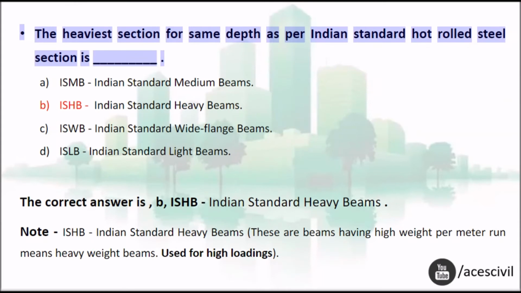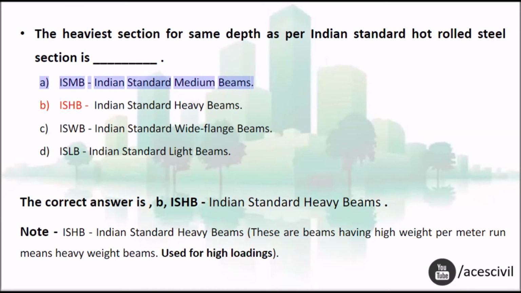The heaviest section for same depth as per Indian Standard hot rolled steel section is A. ISMB Indian Standard medium beams, B. ISHB Indian Standard heavy beams, C. ISWB Indian Standard wide flange beams, D. ISLB Indian Standard light beams.